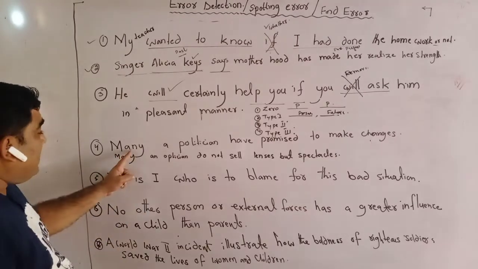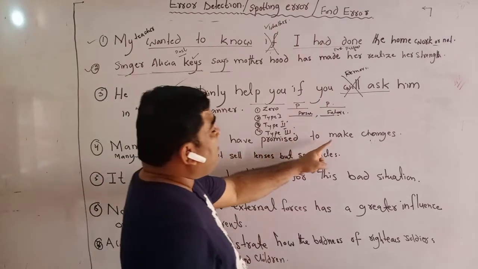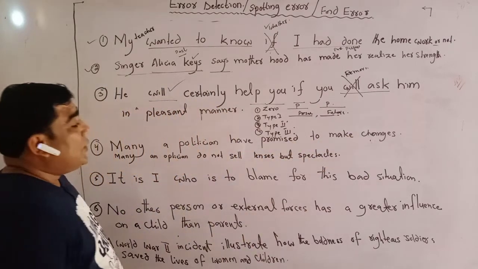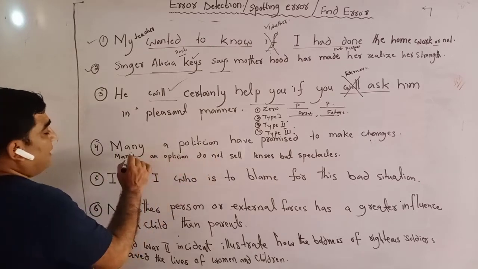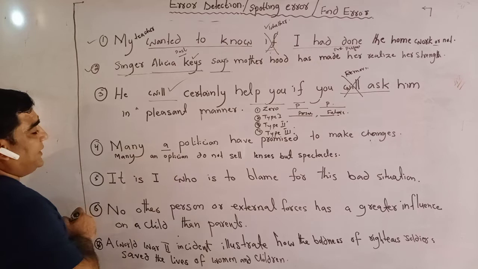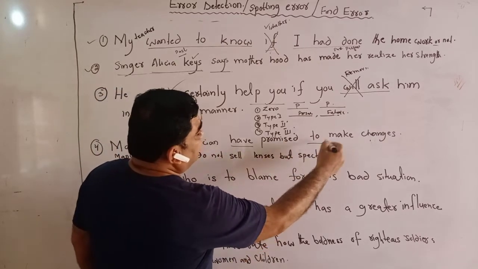Coming towards this one: many a politician have promised to make changes. Where is the mistake? Many a politician. Either A is the mistake, or M is the mistake, or "to" is the mistake, or no error.